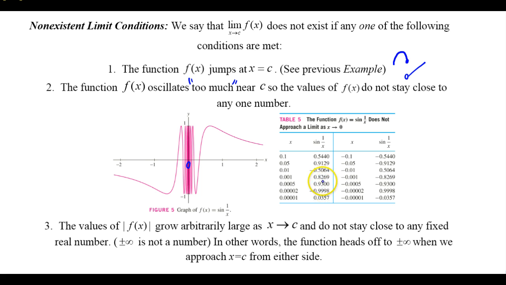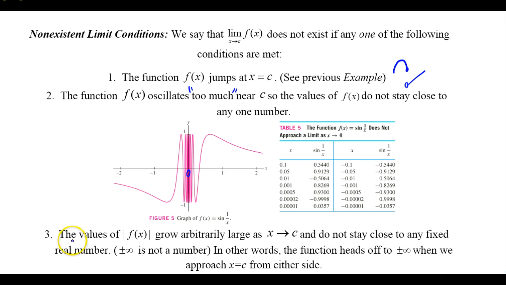They're just all over the place. Now, it's okay for the numbers to bounce back and forth between positive and negative as long as they're getting closer and closer to the same number. But these numbers are just all over the place. So this function oscillates too much, and we can't say that f of x gets arbitrarily close to one number L, so the limit does not exist.